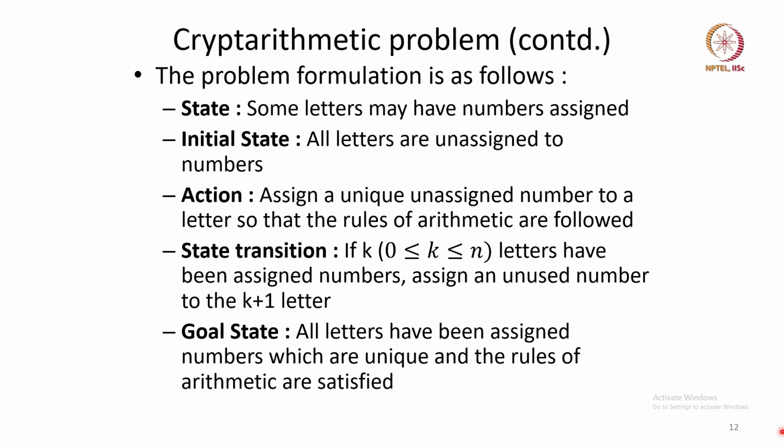So usually you use what is called the depth first search algorithm here, and what makes this easier is the constraints that you already have. So you have constraints which say that the letters have to have numbers between 0 and 9 and all of them have to be unique and they have to follow the rules of arithmetic.